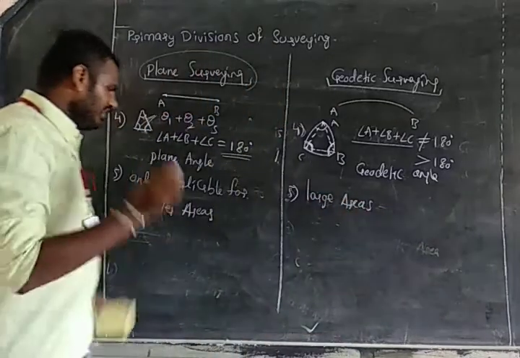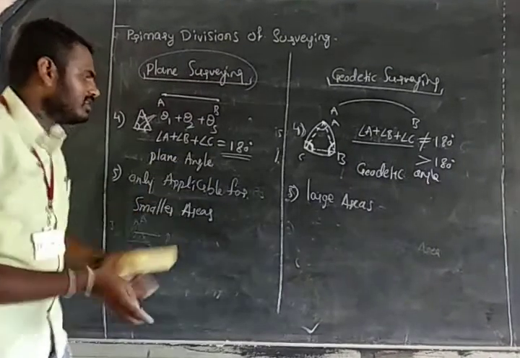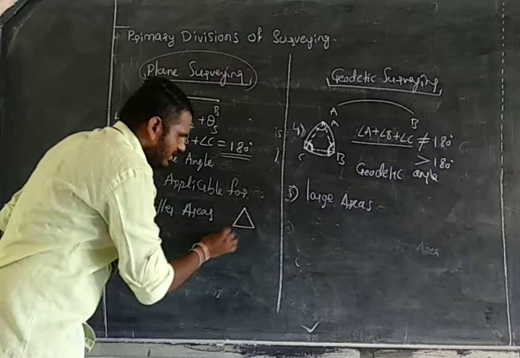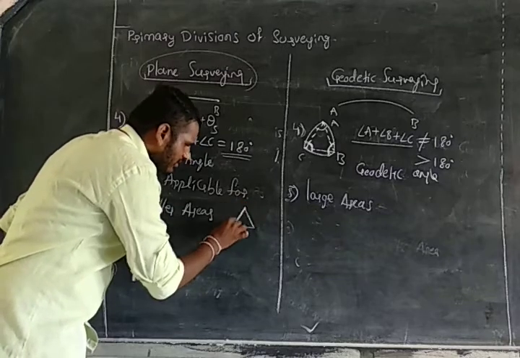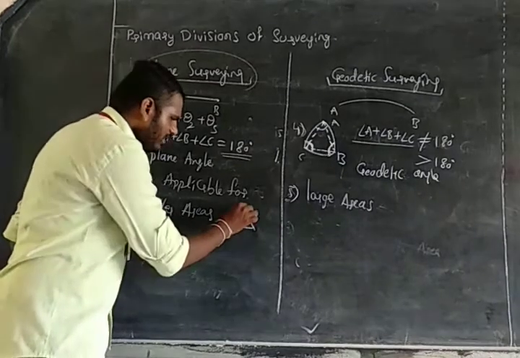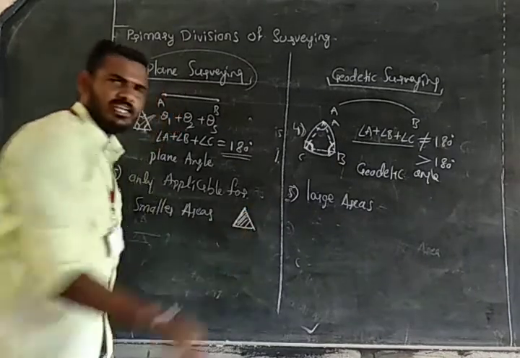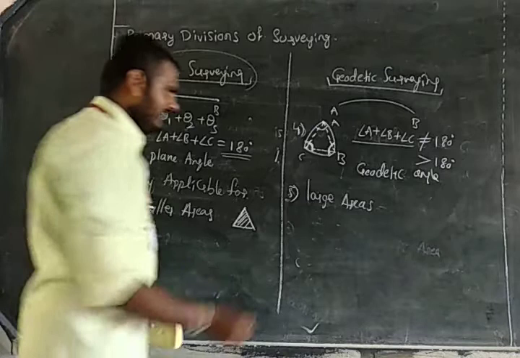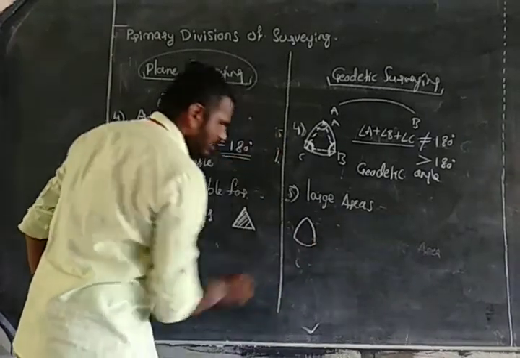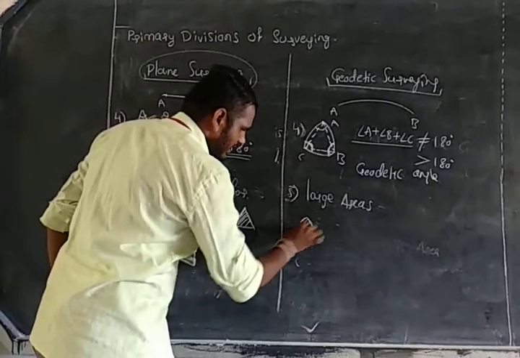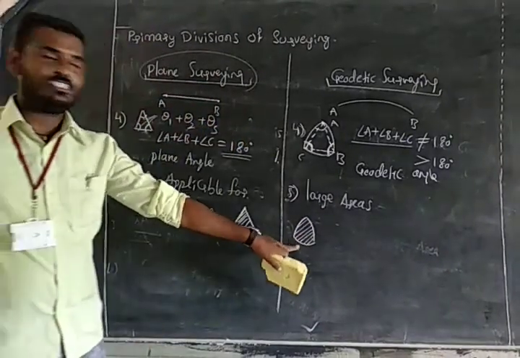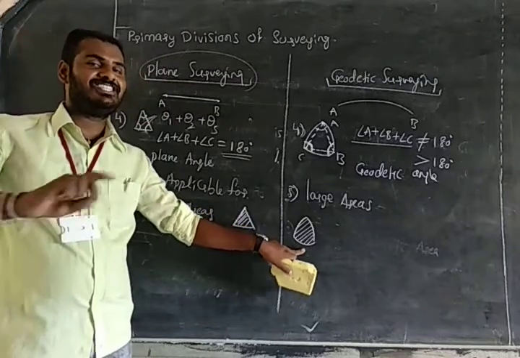In the sense, when you see straight lines mutually connected together, the area is automatically a flat area. If you identify that the line joining two consecutive points is a curved line, the area bounded is not a plane area. This is a geodetic area where the curvature of the earth is included.